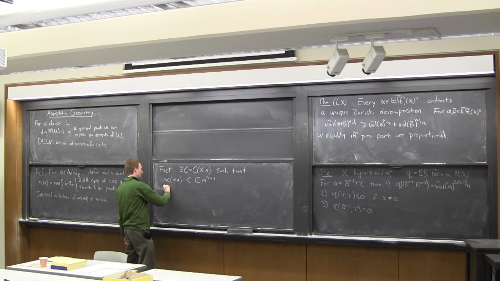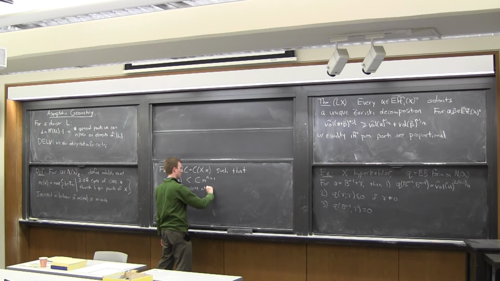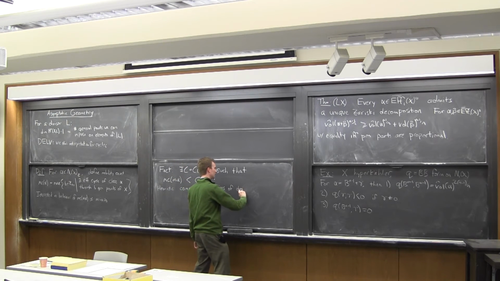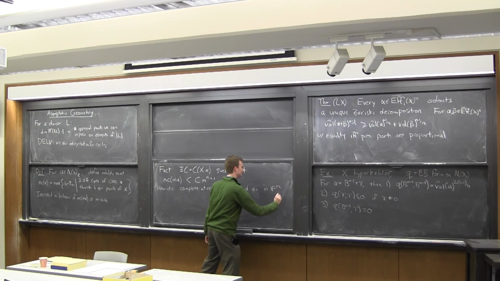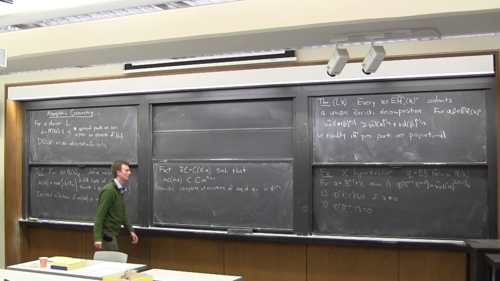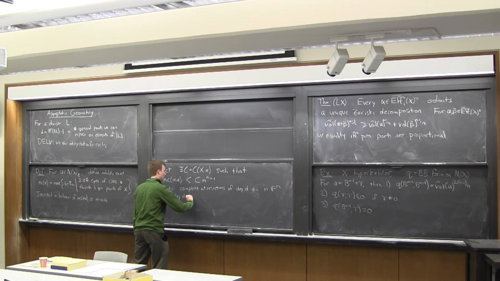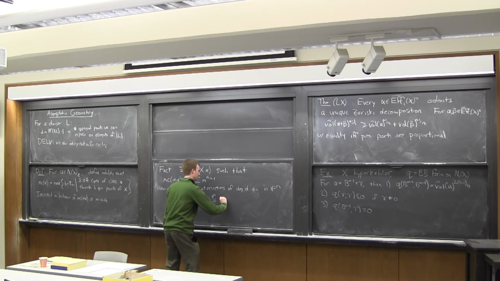So the heuristic for this is to look at complete intersections of degree d divisors in P^n. Okay, so a degree d divisor goes through on the order of d to the n over n factorial general points.